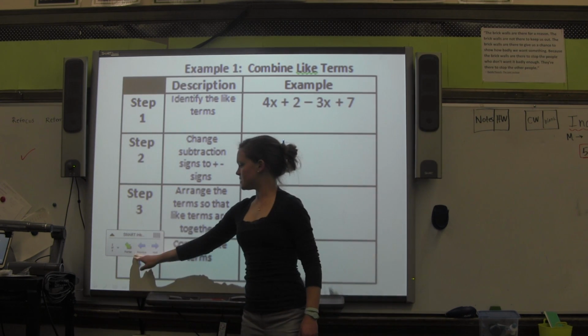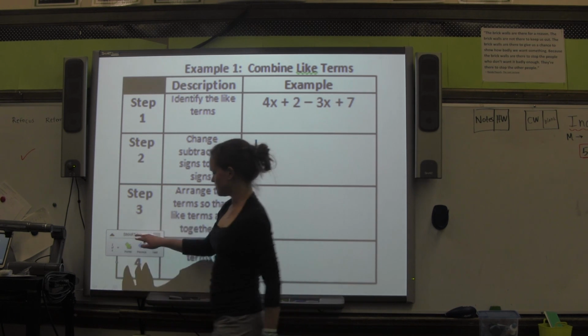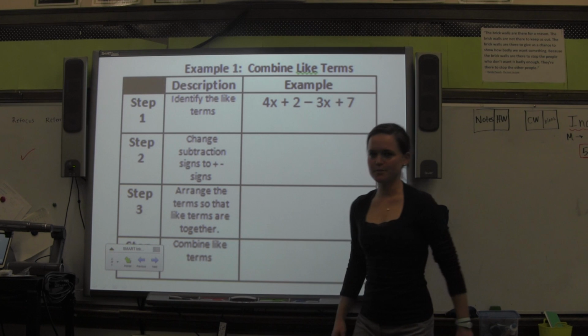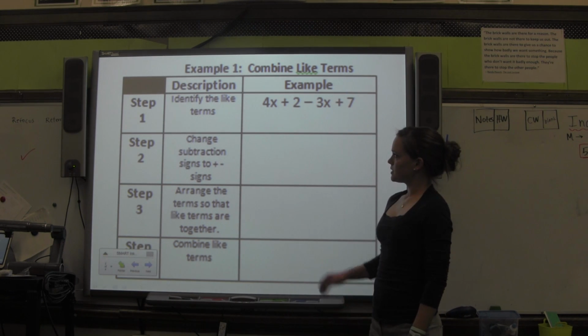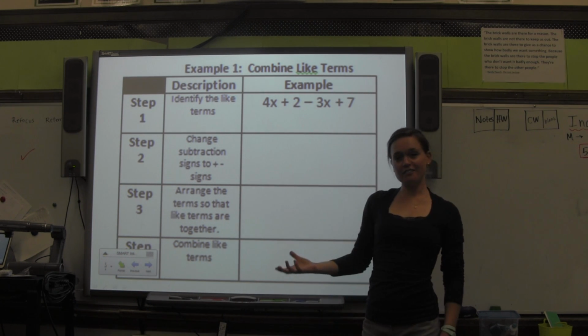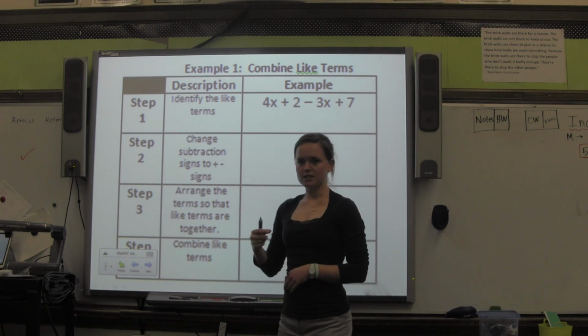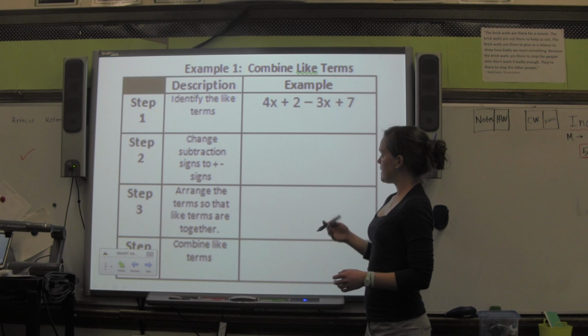Okay, so here's example one of combining like terms. Step one is to identify which are the like terms. I like to do this using different shapes or different colors.